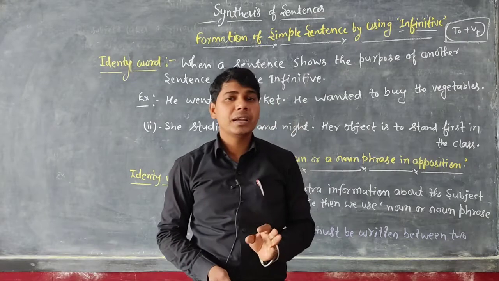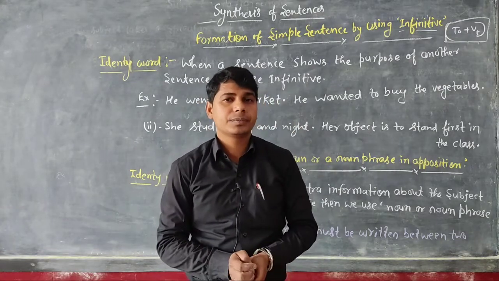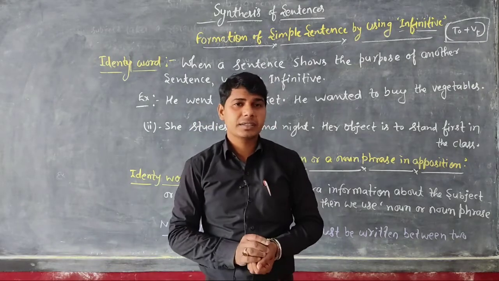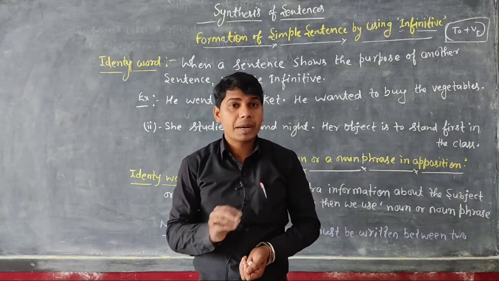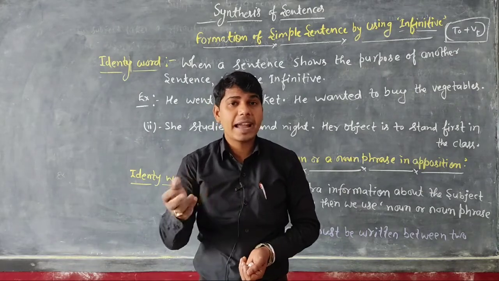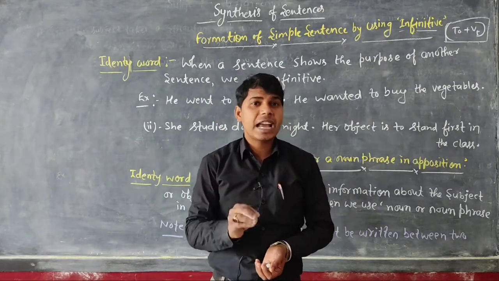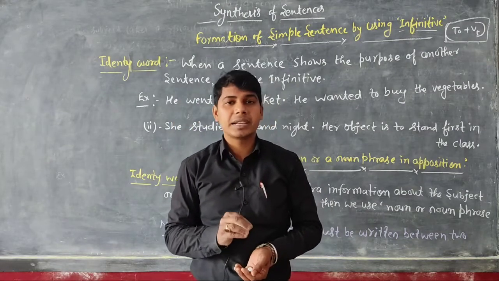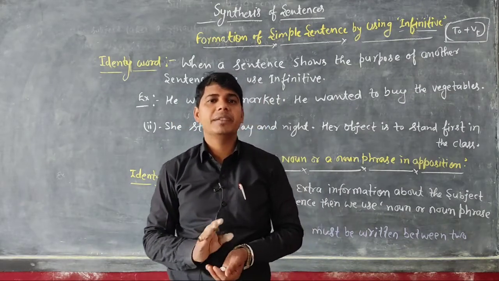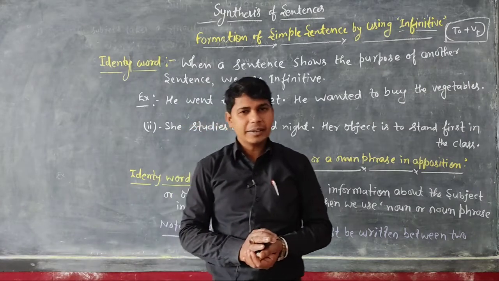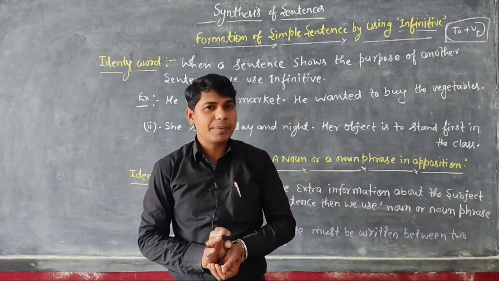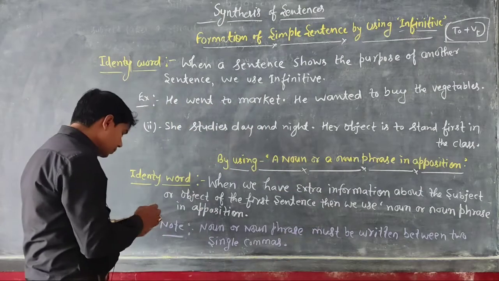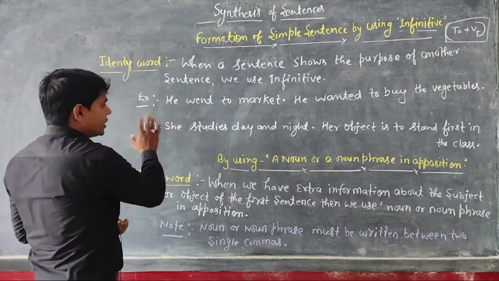I mean to say, when one action represents the purpose of another action, such types of sentences are joined into a simple sentence with the help of infinitive. I hope you have got my point. Now see the examples. I have mentioned two examples for you.